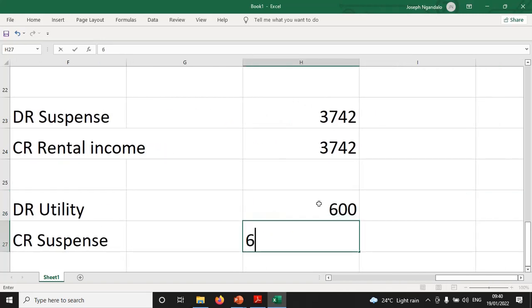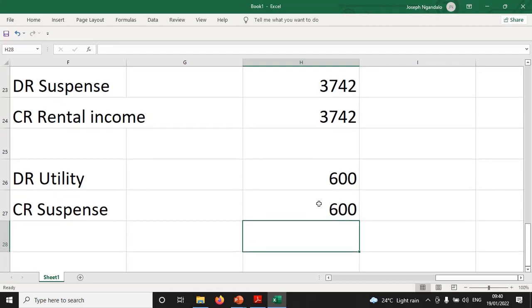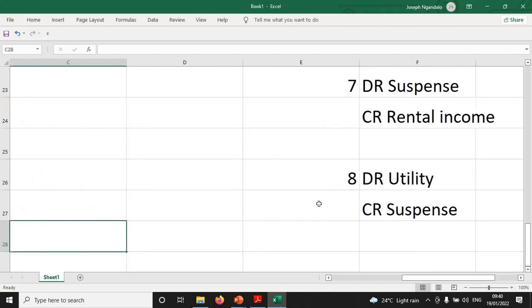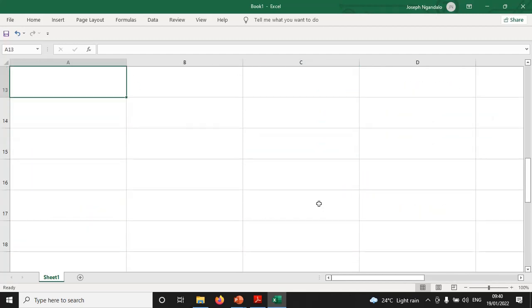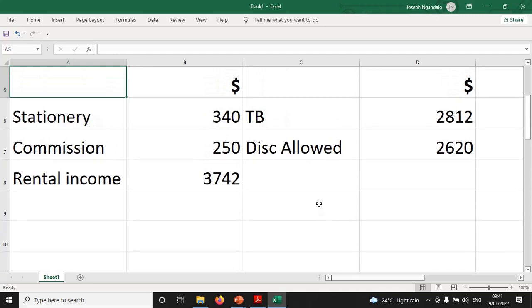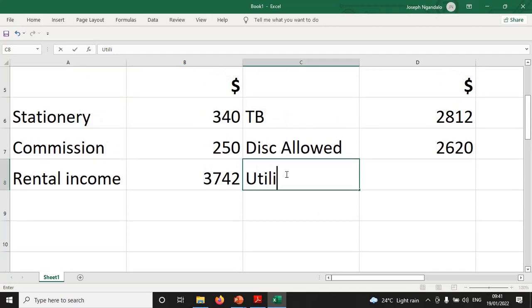Also here 600. So in my suspense, I want to take 600 there. All right, guys, let's go there. Where are we taking the 600 here? On the credit, eh? We call it what? Utility, isn't it?